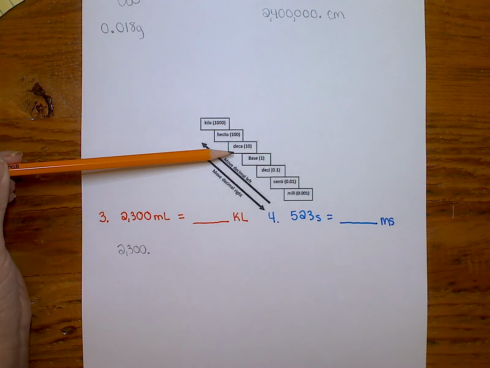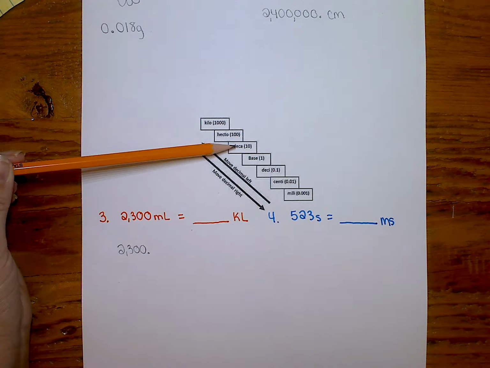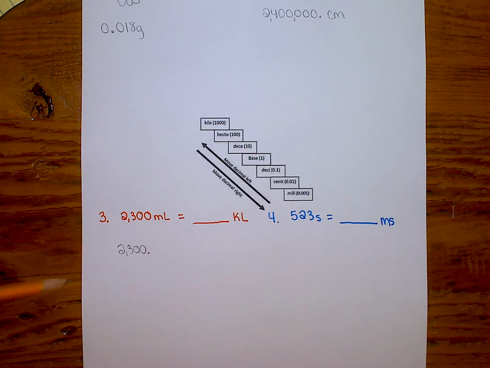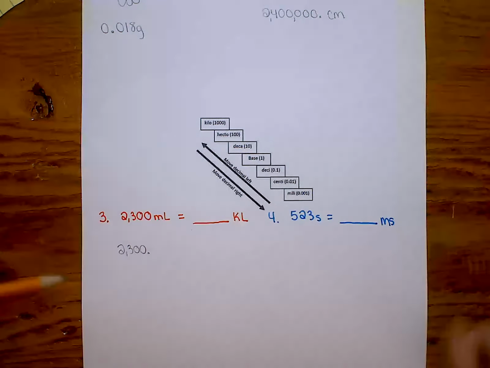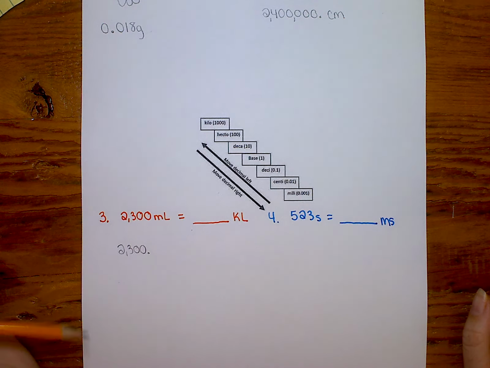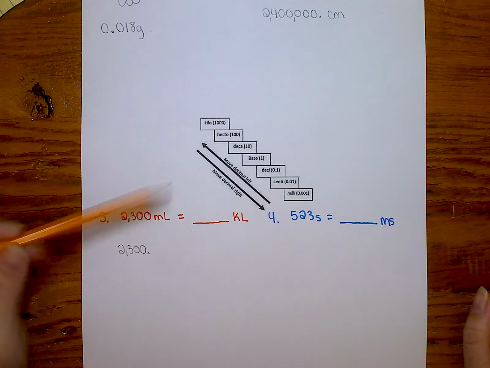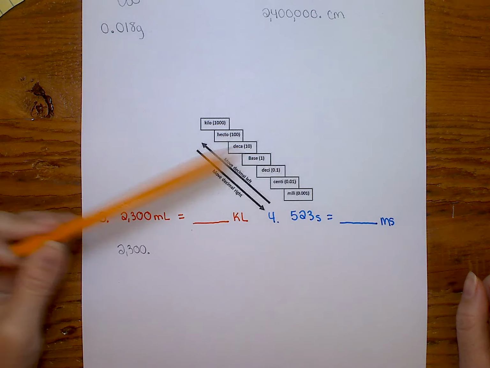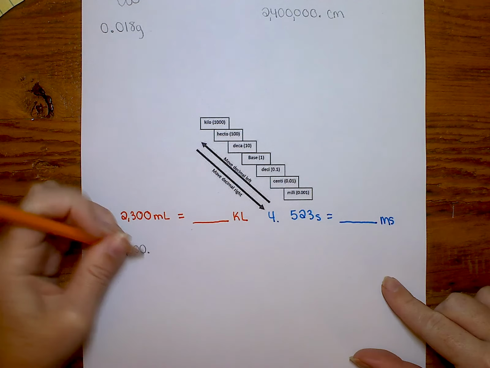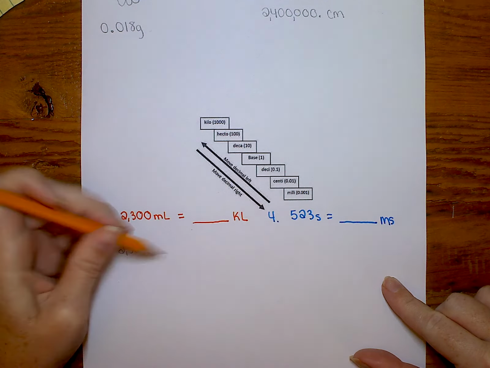So we're dividing by that amount. Because we have something small, a milliliter, and we're going to go to something big. So we're going to move 1, 2, 3, 4, 5, 6. So we're moving to the left.